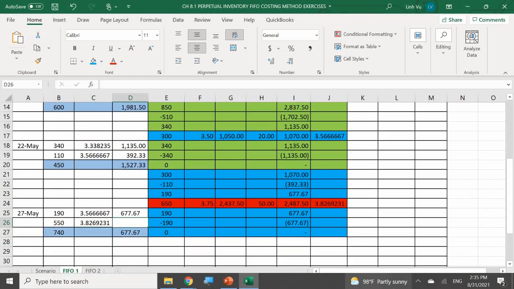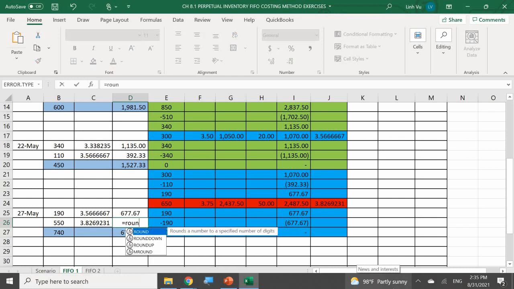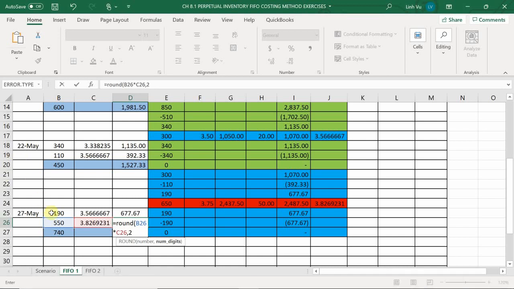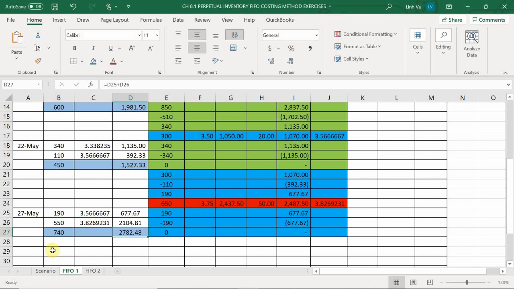So then what is my total cost of goods sold for selling those 550 units? 2,104.81. Good.